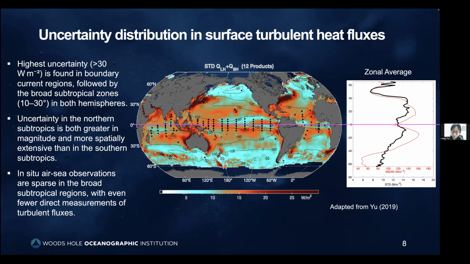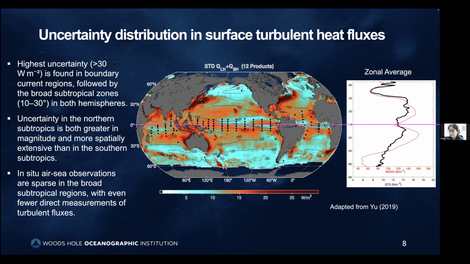The first, of course, with large error, is the global boundary currents, particularly the Kuroshio Extension and also the Gulf Stream. In those places, the grid is so big and the system so dynamic that the flux algorithms and also the variables are hard to agree. So they have mean uncertainties, the difference standard deviation between the means, of more than 30 watts per meter square.